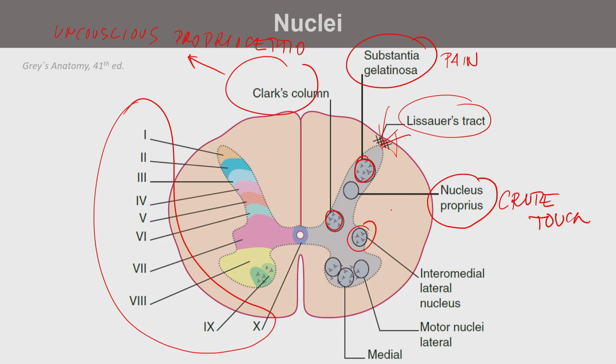And then we have the intermediolateral nucleus. I have said it is an autonomic column, so that is an autonomic motor center. And you could ask me, in the spinal cord are those neurons mainly sympathetic or parasympathetic?